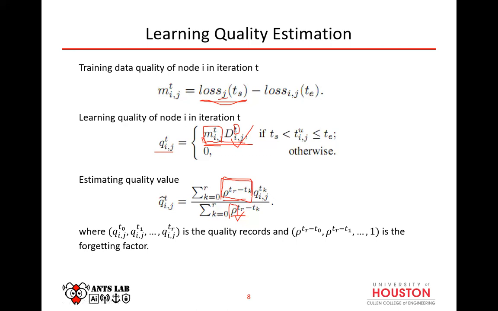Why don't you choose the training accuracy as a quality metric? Maybe it also works. This paper chose the loss as the quality. Okay, I see. They didn't give the reason.